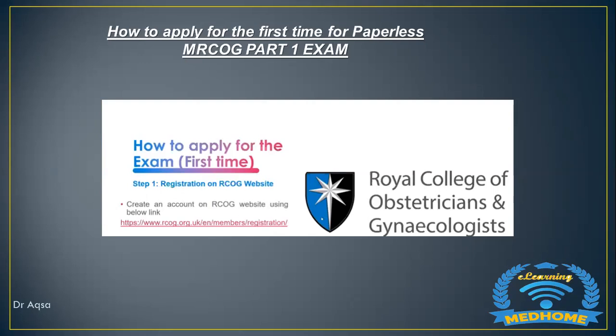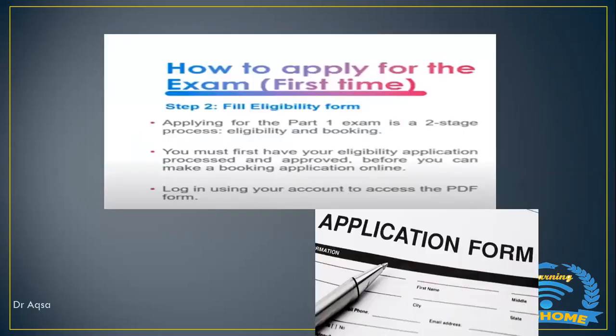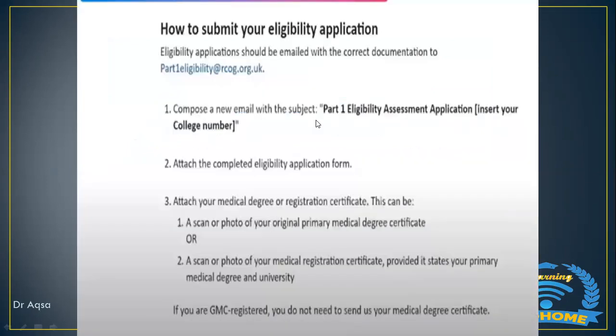With that college number, you will be given an eligibility form to fill in for the exam. In that eligibility form, you have to insert the code or college number, and give the proof of your medical degree or the registration certificate that you have. You can submit either the photocopy or the scan copy.